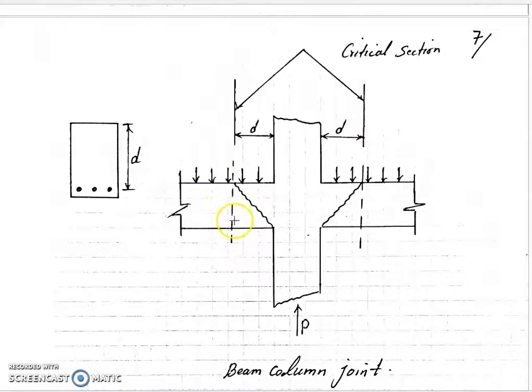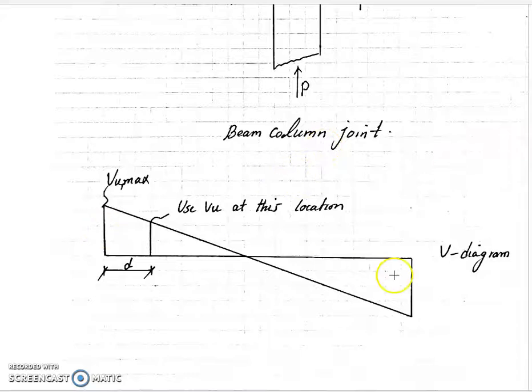So normally we find Vu or demand shear in this area, then we design our stirrups based on that. So d away from the face of column, these two are our critical sections. If you have the shear diagram over here, this is d away from the face of column. So this is our Vu max, and we can use the triangle similarities to find this Vu and design our stirrups.